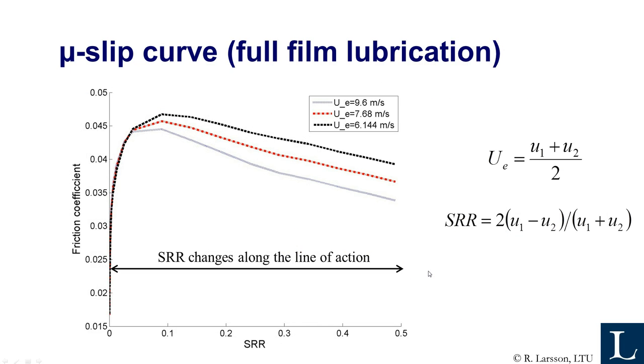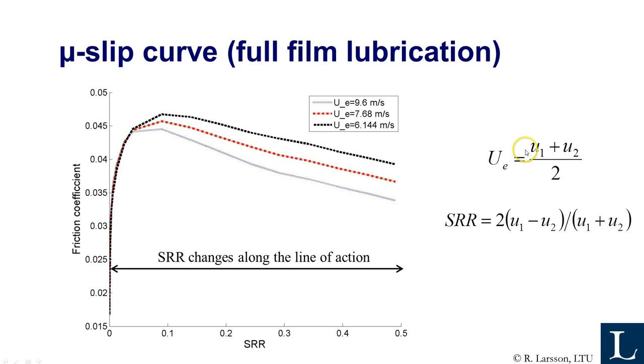When we talk about friction in EHL or in gear contacts like this, the friction coefficient varies with the slide to roll ratio in this way. This is a typical traction curve at full film lubrication. The slide to roll ratio is a measure of how much the contact is in sliding motion and how much it is in rolling.